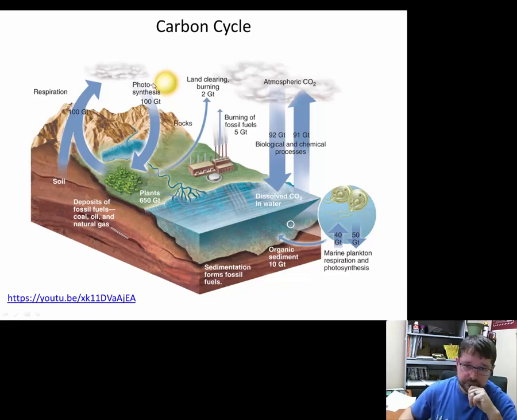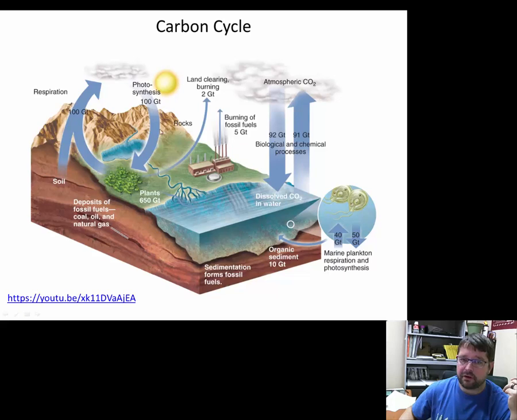And through photosynthesis, we can capture a lot of that carbon. But with the burning of fossil fuels, look, it's not adding all that much, but it's adding enough that the plants can't pick it up. So now we have more.